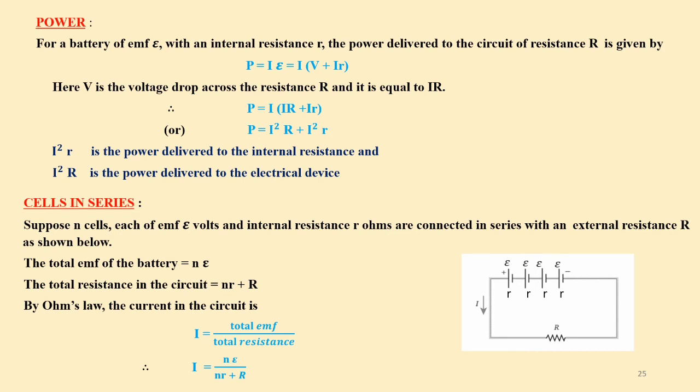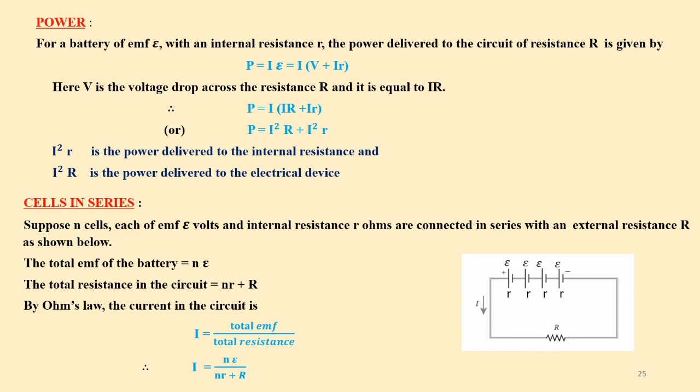Okay, now the total EMF of the battery is n times E. The total resistance in the circuit is n times small r plus capital R. This is because each cell has the same EMF E and hence the same internal resistance small r.